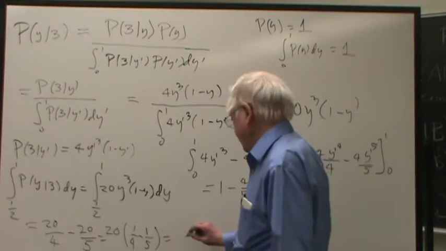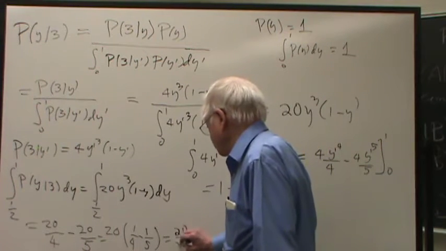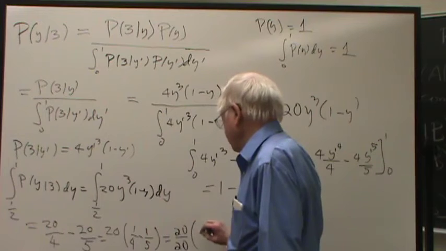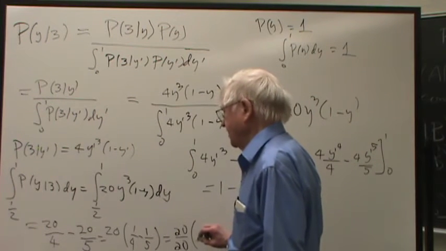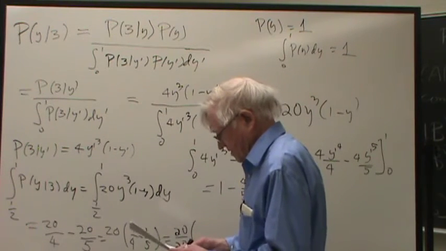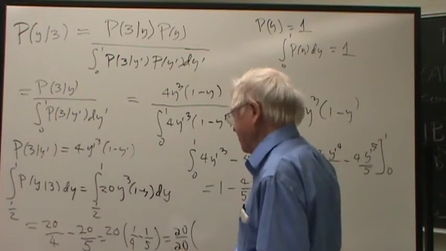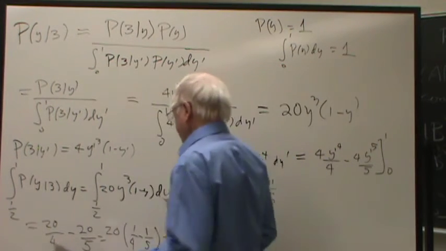And that is 20 over 20 times 1. Oh, God, that can't be right. I screwed up. It's supposed to be 13 over 16. What did I do wrong?